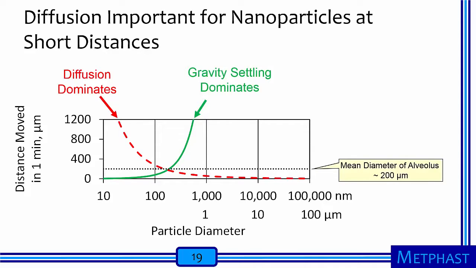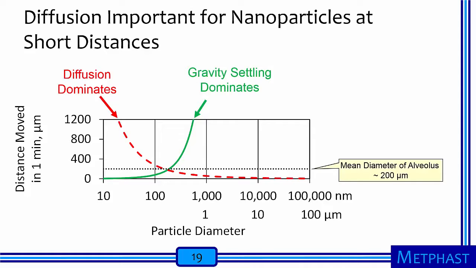To put things in further perspective, we need to change the scale of things that we are considering. So here, for this plot, on the y-axis, I show the distance the particle is displaced in 1 minute, but instead of showing this data in meters, I show it in micrometers. The x-axis is particle diameter that we are familiar with.